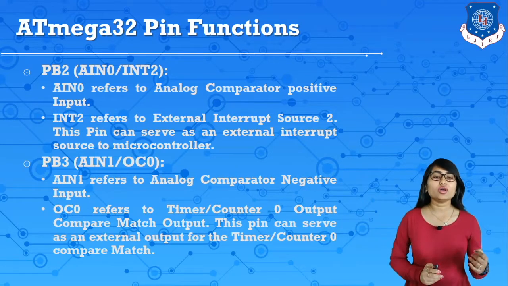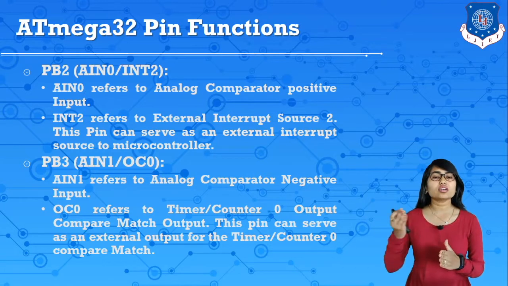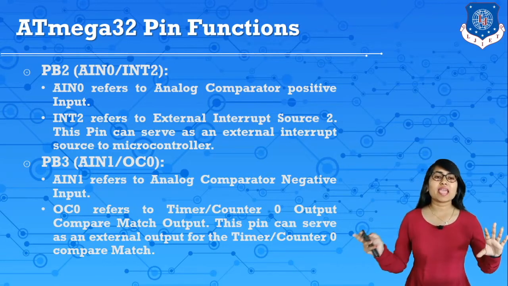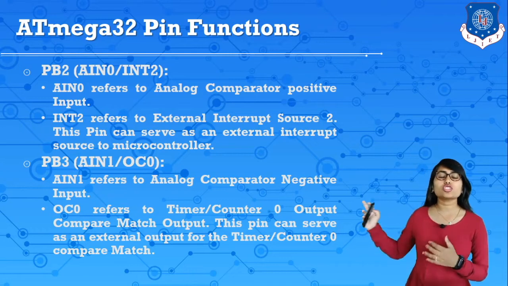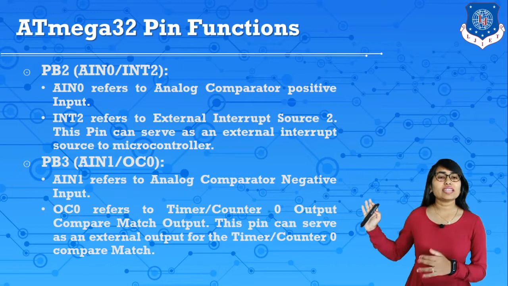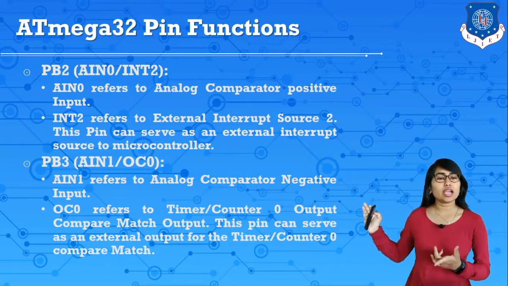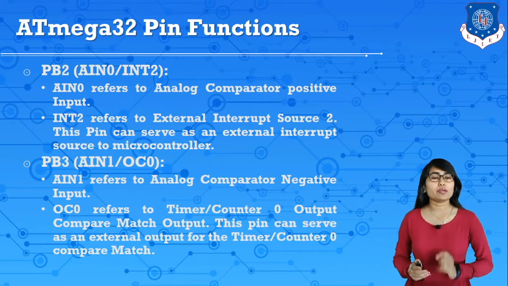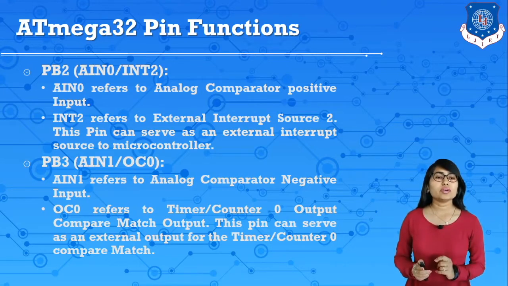In a timer, whenever a counting sequence is completed, that means the count has matched the compare value, this OC0 is activated. So OC0 is basically the output compare match output for timer 0.